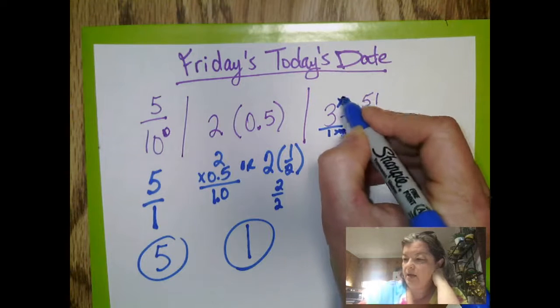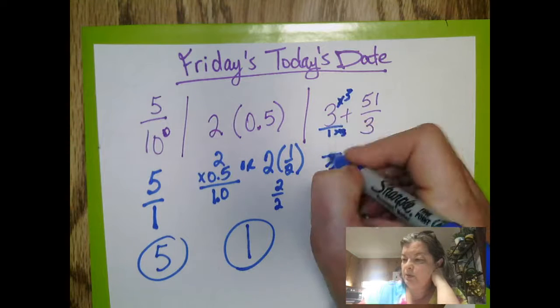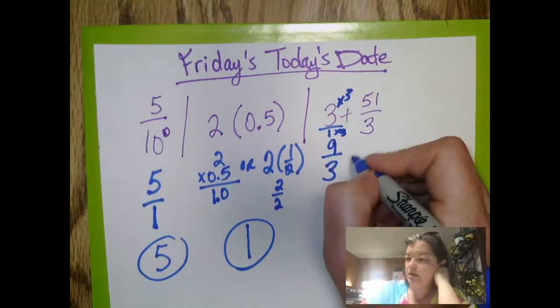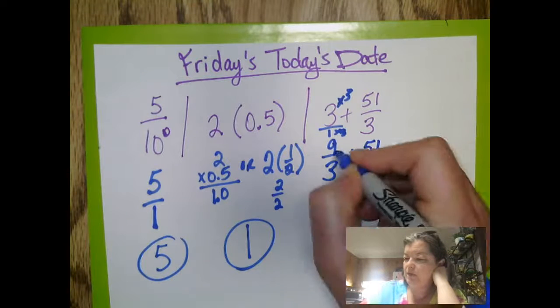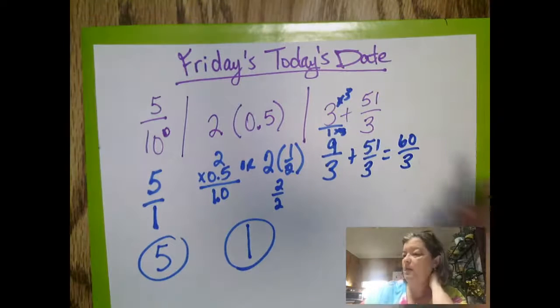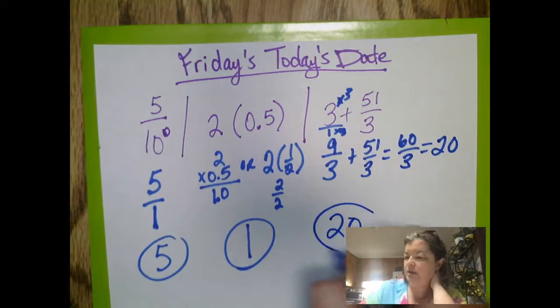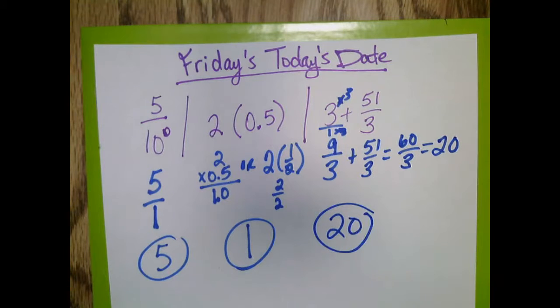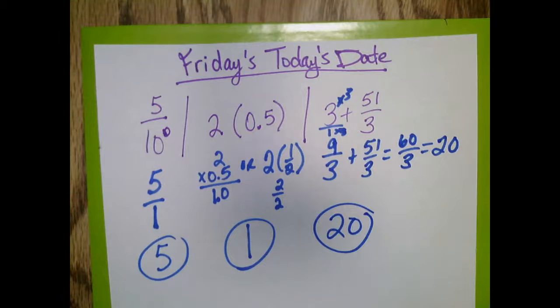I'm going to multiply the top by 3, so it keeps these two fractions proportional. 3 times 3 is 9. Now I can add that to the 51 over 3. And whenever I add 9 plus 51, I get 60 over 3. And 60 divided by 3 is 20, which is the year. 5/1/20. Okay? That is today's date.